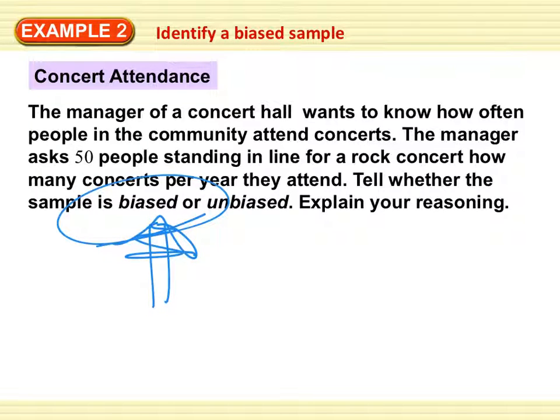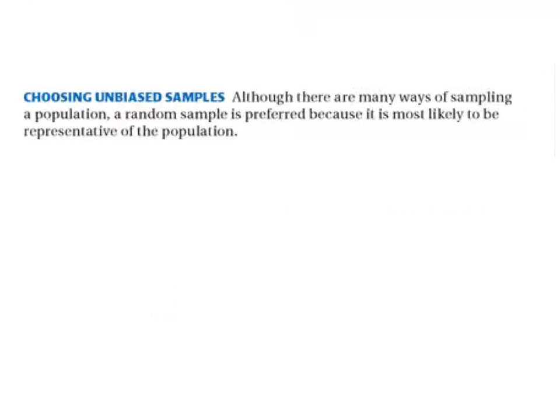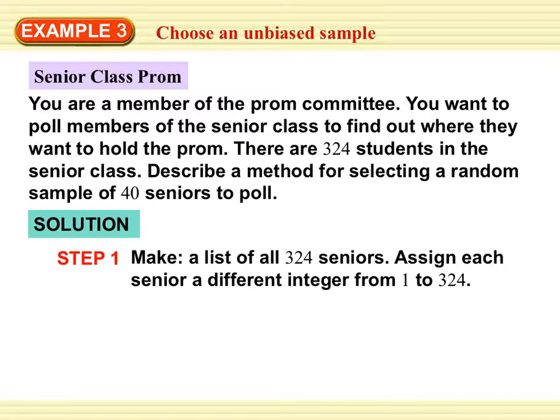Therefore, they probably attend a lot of concerts. So how do we choose unbiased samples? Although there are many ways of sampling a population, a random sample is preferred because it's most likely to be representative of the population. So we want random.